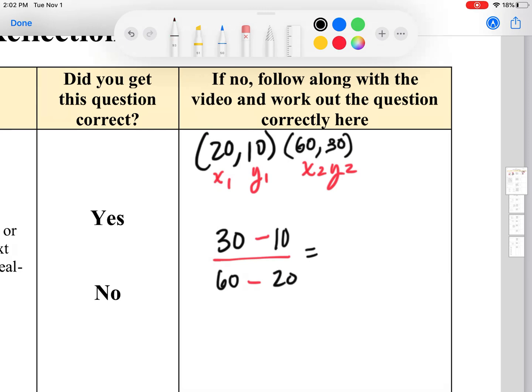So if you got number 1 incorrect, make sure you write this down. So 30 minus 10 is 20, over 60 minus 20 is 40. 20 over 40 reduces to a positive 1 over 2. So the correct answer for number 1 would have been 1 over 2.